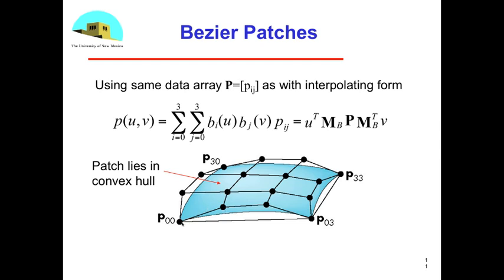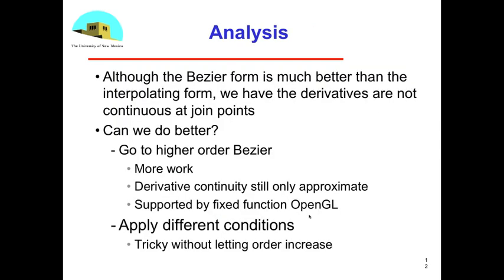You can start connecting all the pairs of points with line segments, and that determines some polygonal shape in 3 dimensions, and the curve has to lie inside, so you know that it comes close to these points, even though none of these points need lie on the surface, except at the 4 corners. So this is a much better way of doing things.